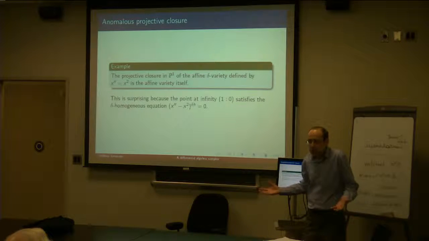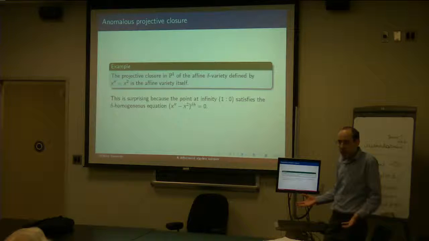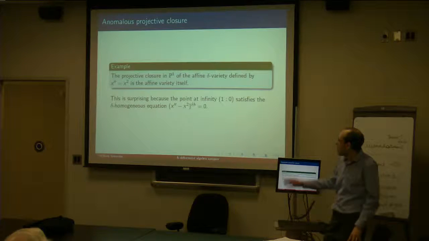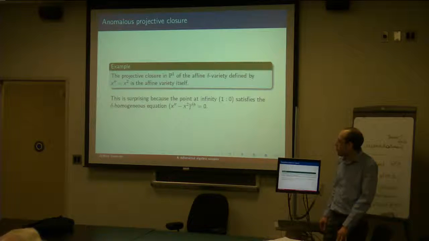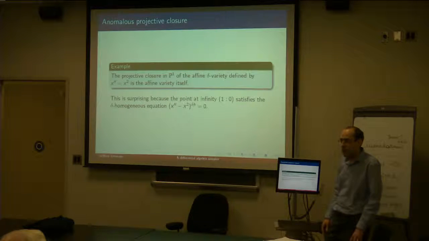It's strange because you just add a single point. When you homogenize, it should be in the closure, but we can show that it's not. In fact, the original affine variety is a proper projectively closed subset of the locus here.